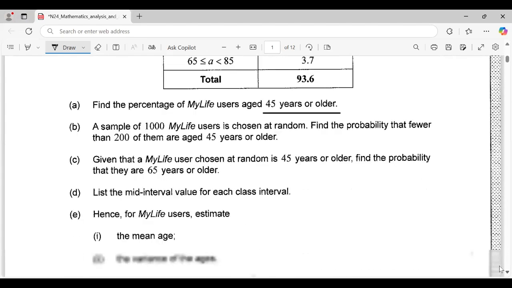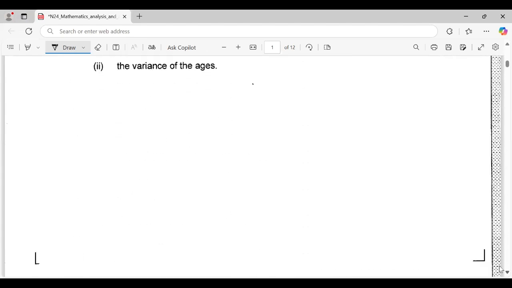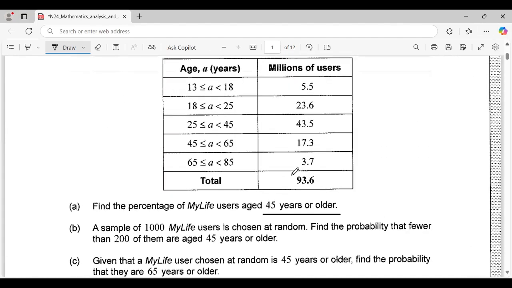I'm going to write it here. Part A. Given data that age 45 to 65 is 17.3 million users. Because the question is 45 years or older, it means 45 to 65 and 65 to 85.